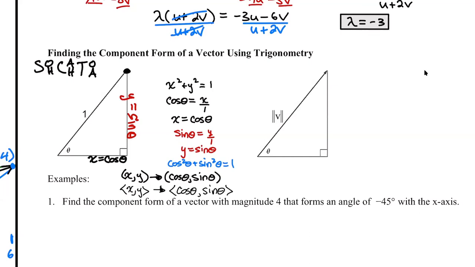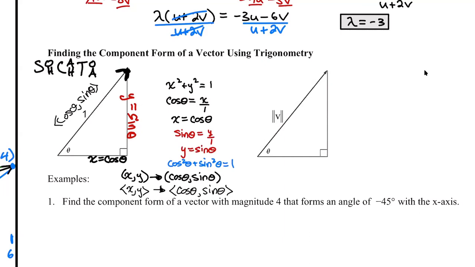So what that tells me is that this vector, the one that is represented by the hypotenuse here, and I can do that with a nice arrow, is going to be measured at the expression cosine theta comma sine theta. And its magnitude is going to be equal to 1.